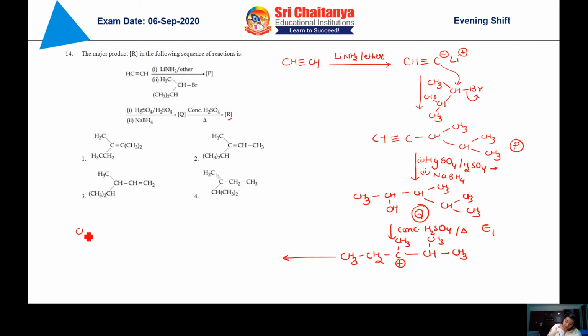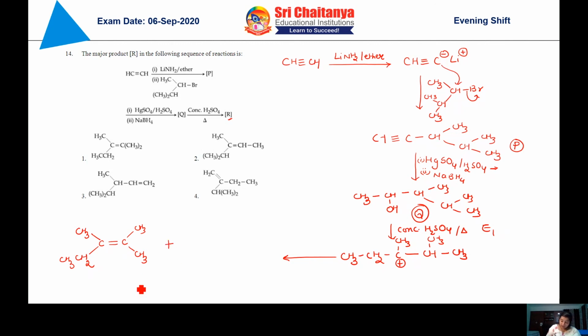So I'm drawing first the major one, CH3, C, CH3, CH2, double bond here, C, CH3, CH3. As it is not showing any geometrical isomerism, I'm not worried about which side to draw and all those things, right?